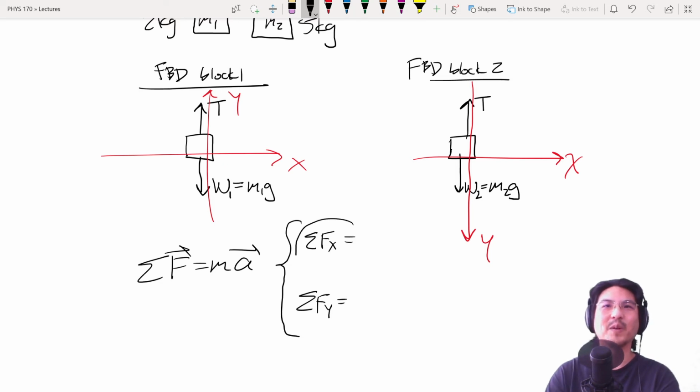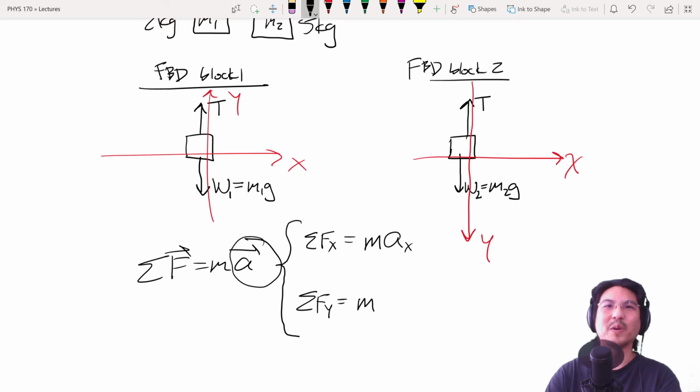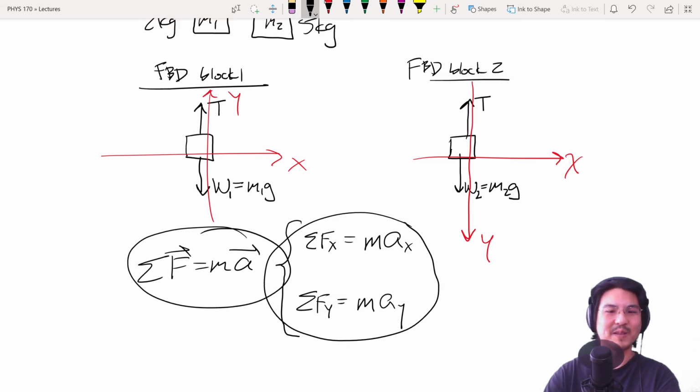So you add up all the forces in the x direction, and it's going to equal mass times only the x component of the acceleration. Similarly in y, you add up all the forces in the y direction, right? So that's the y component of this, equals mass times only the y component of this. Right? So we decomposed this vector equation.